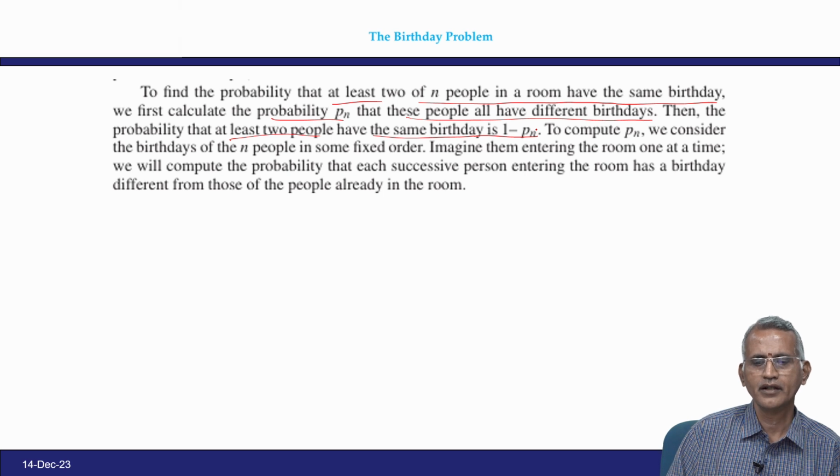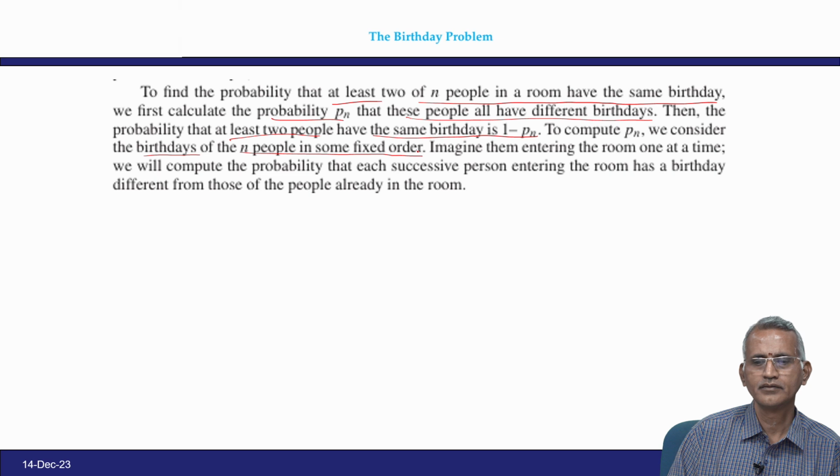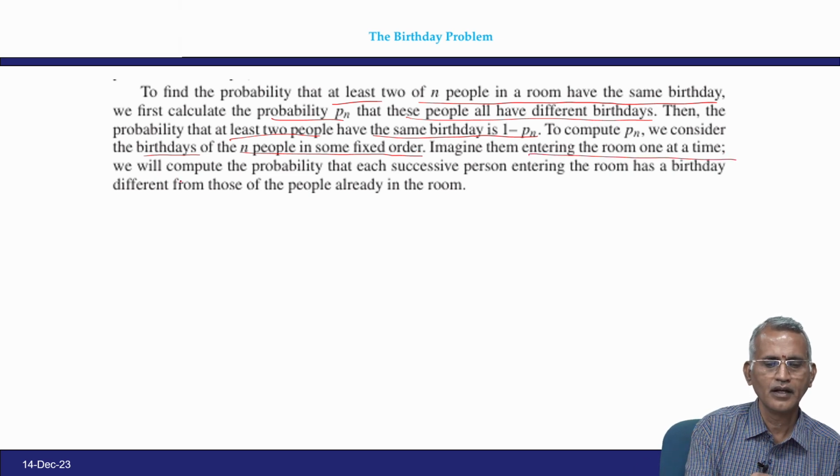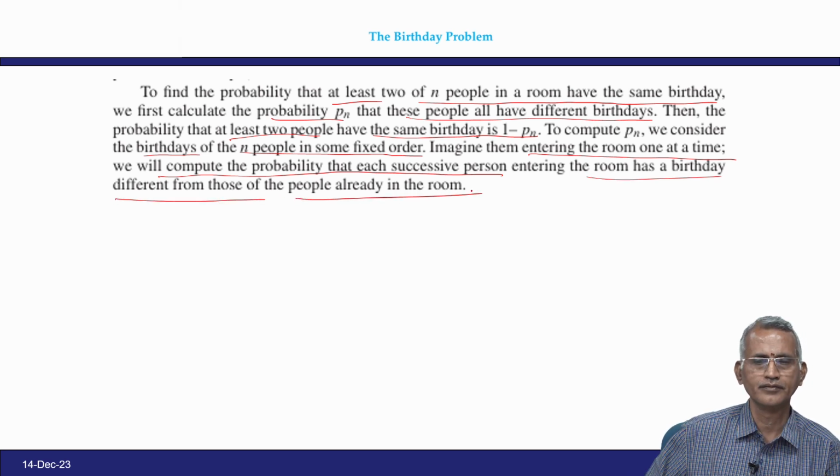For computing Pn, we consider the birthdays of the n people in a fixed order. Imagine them entering the room one at a time. We will compute the probability that each successive person entering the room has a birthday different from those people already in the room.